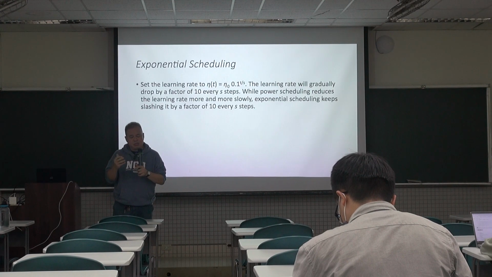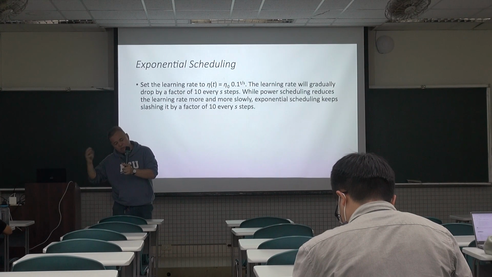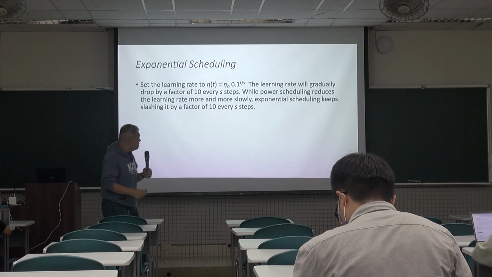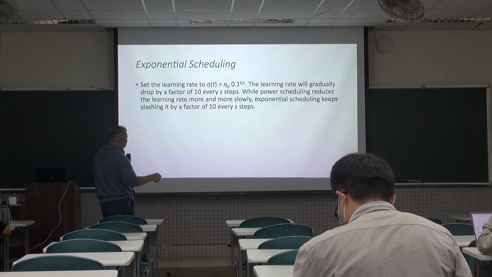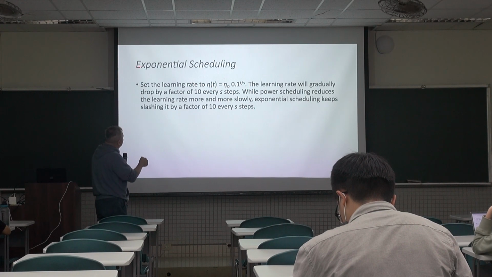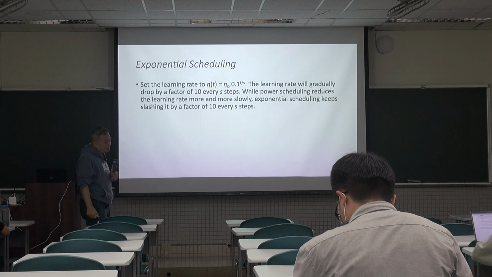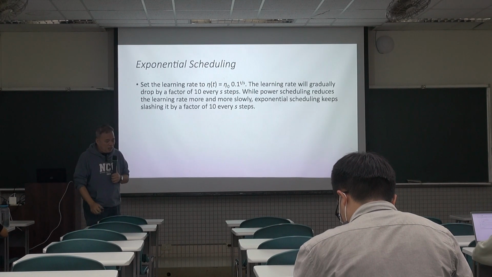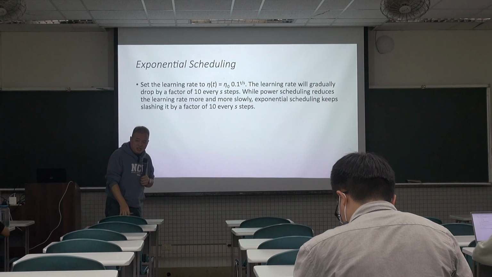So this reduction is actually very, very fast. This is called exponential scheduling because the learning rate reduction happens exponentially.